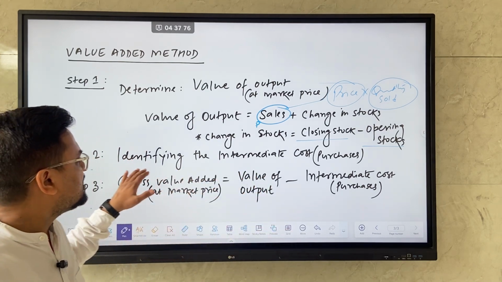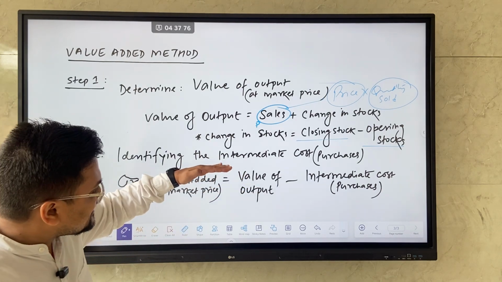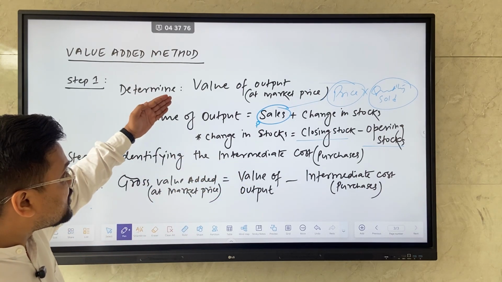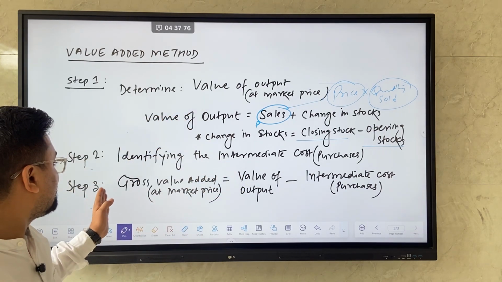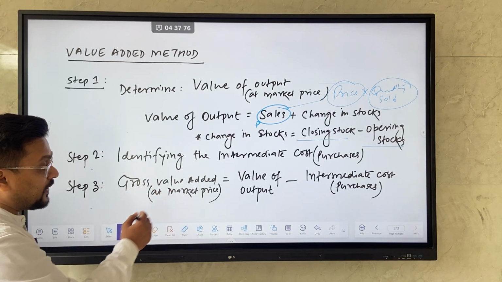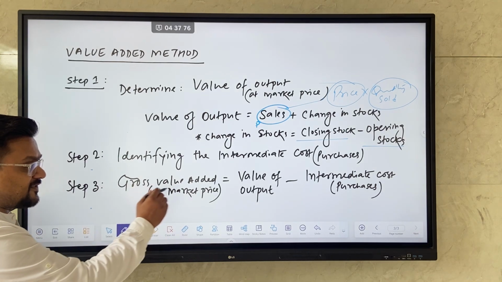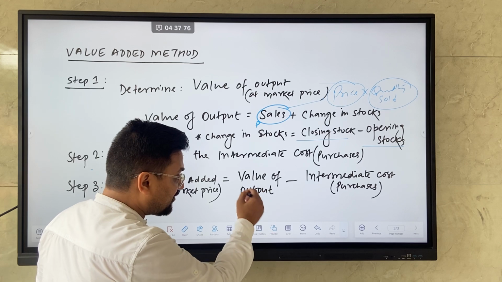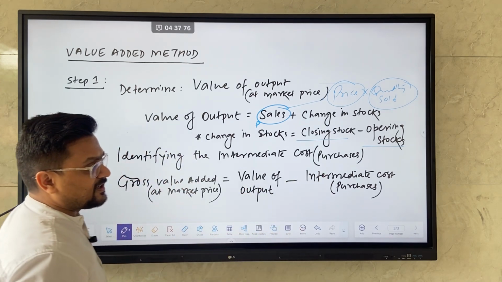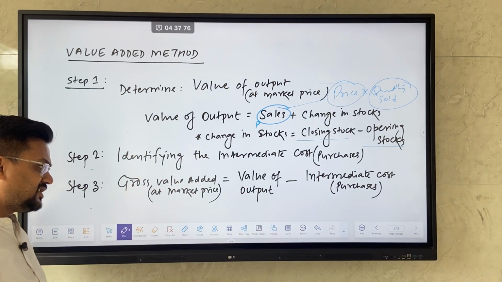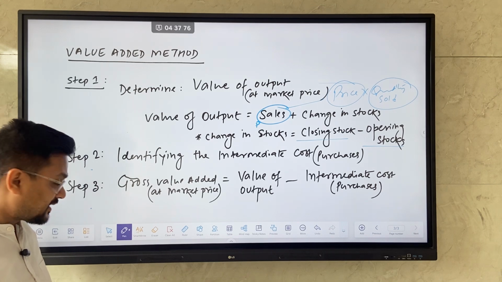All these come under intermediate cost. So these intermediate costs, when subtracted from value of output, we get gross value added at market price. So gross value added at market price is equal to value of output minus intermediate cost, we get GVA, that is gross value added at market price.